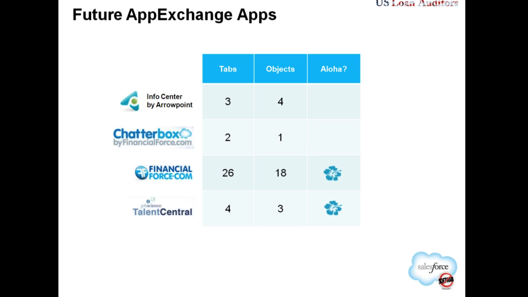Go to AppExchange, do a search for it. More than likely you'll find it. There's not much I haven't found on AppExchange, from my high-tech companies even to my business to consumer here in the U.S., loan audits. A lot of admin tools are out there, plugins are there, departmentals are there.